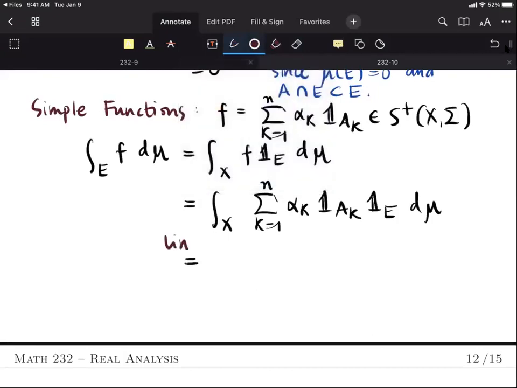You apply the linearity of the Lebesgue integral, and this will be the sum over k from 1 to n of alpha k times the integral over E of this indicator function.